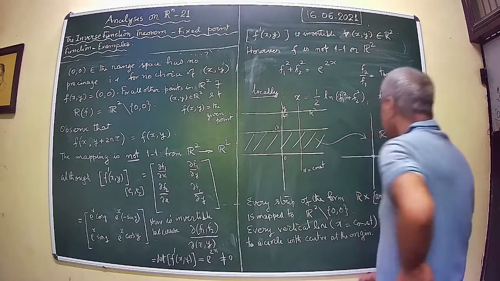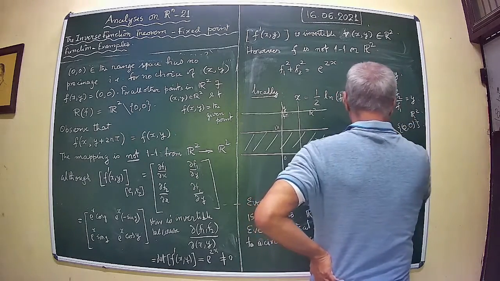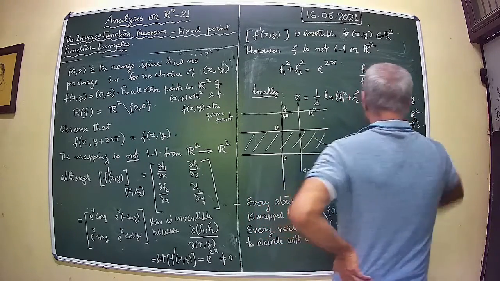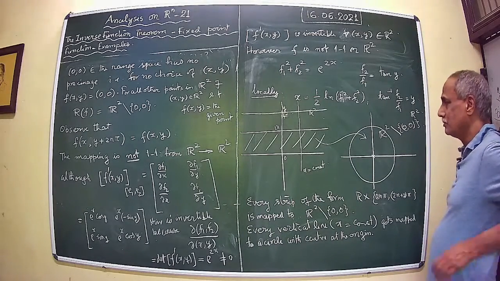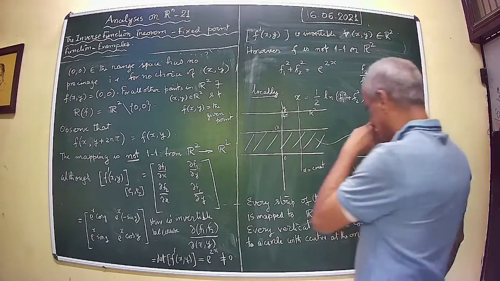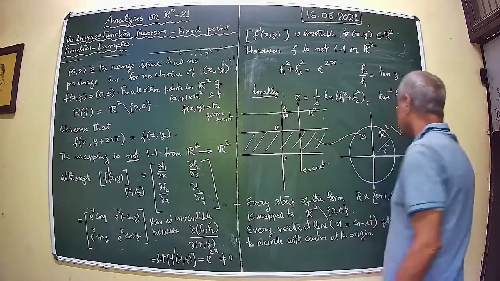What happens to this circle is that it just goes round and round, whose radius is e to the power x.